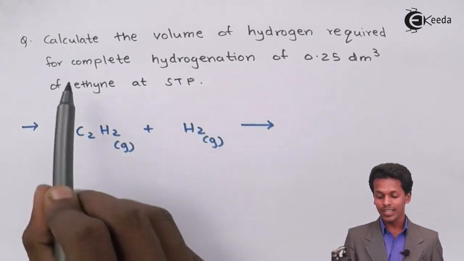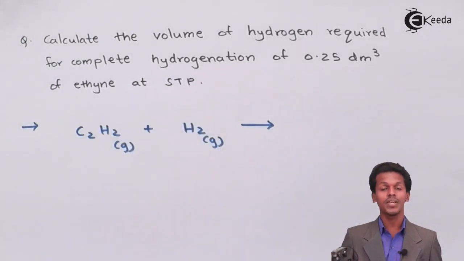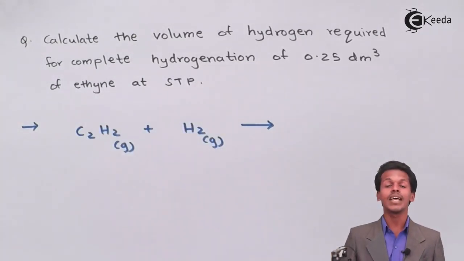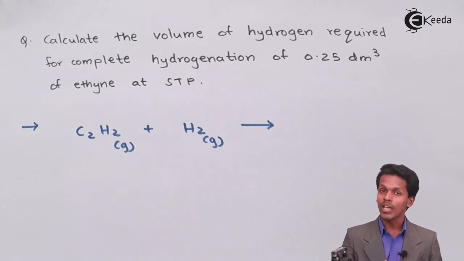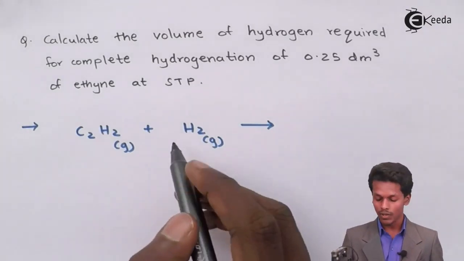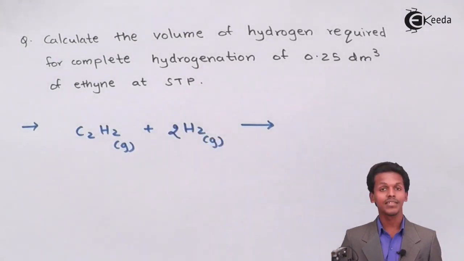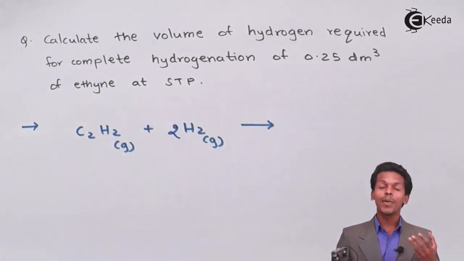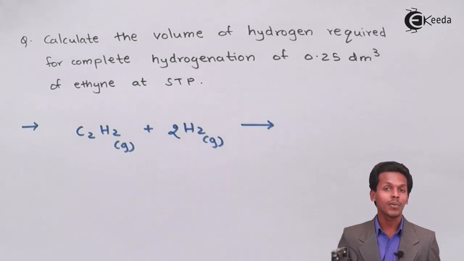But they have asked for complete hydrogenation, which means I have to convert the unsaturated ethyne to a saturated hydrocarbon, that is ethane. For that I require 2 moles of hydrogen gas. Then only the triple bond would be converted into a carbon-carbon single bond.